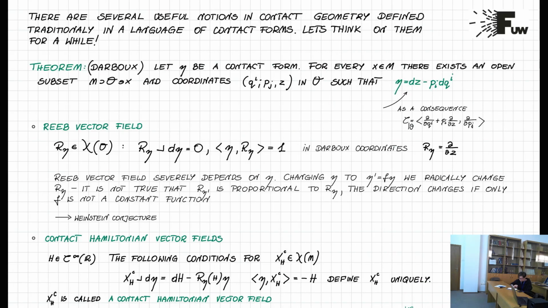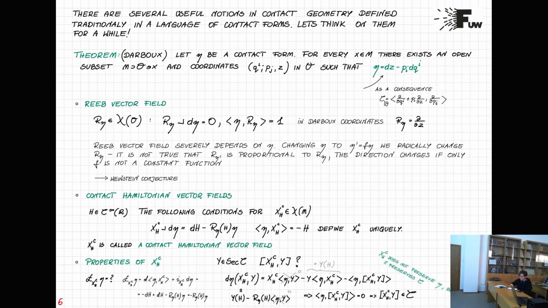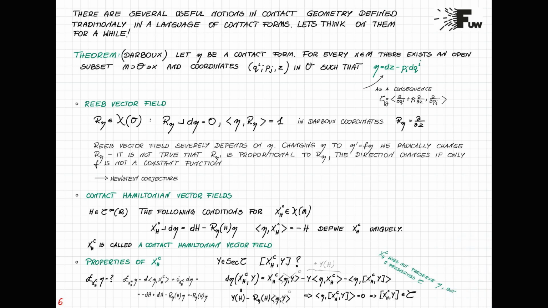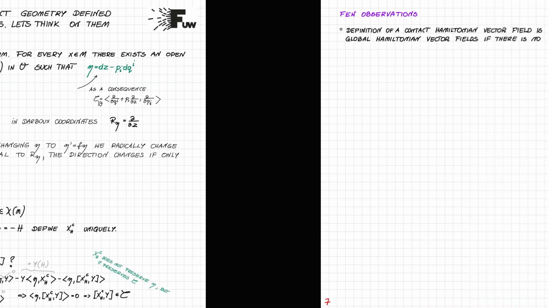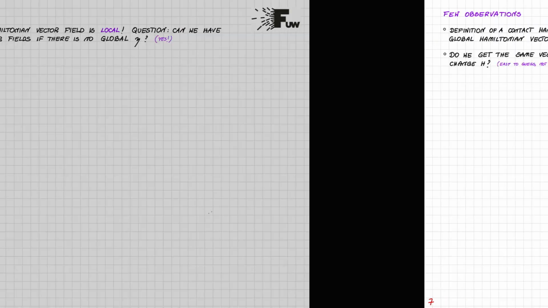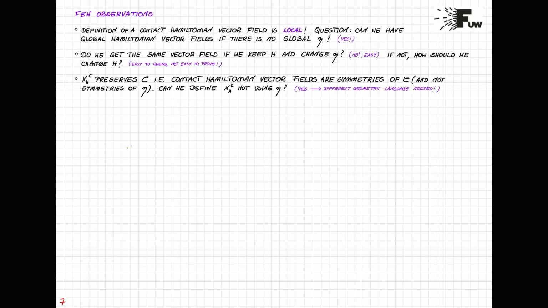So what are the problems with this Hamiltonian vector field? Since I have a few minutes left, I will not go into the calculation now. I will only maybe go through the problems, and then we can come back to the calculation and see how those problems arise.